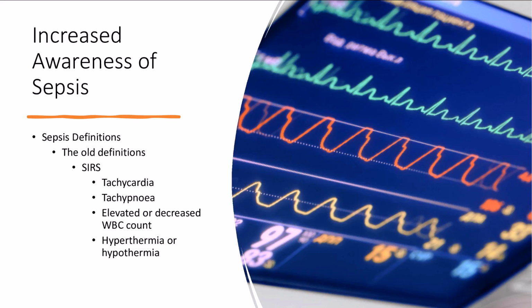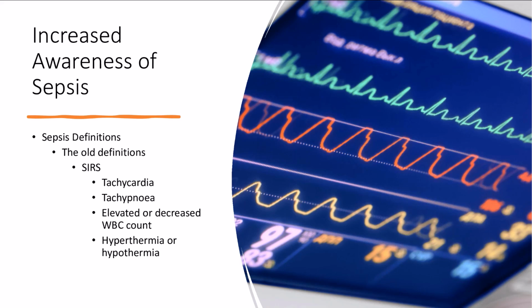And the symptoms included tachycardia, tachypnea, either an elevated or decreased white blood cell count, and either high body temperature or low body temperature. Now, you and I as veterinarians, we'd say, well, actually, most cats that present to our practice for mild illness would fit the definition of systemic inflammatory response syndrome, because in people, you only needed 2 of these to be classified as having systemic inflammatory response syndrome.